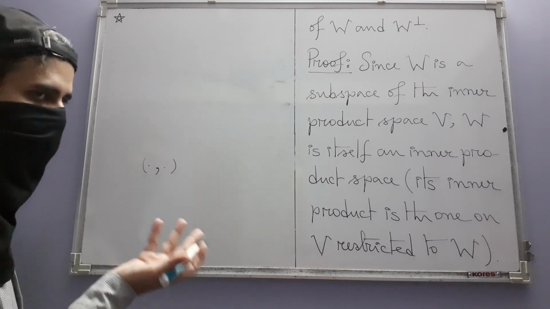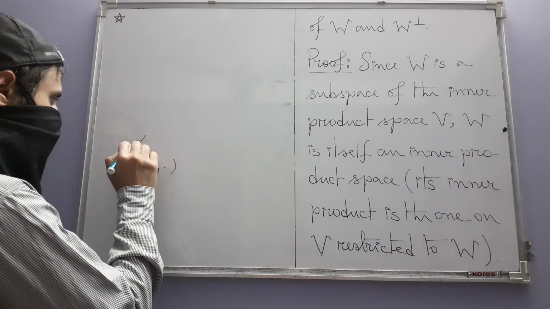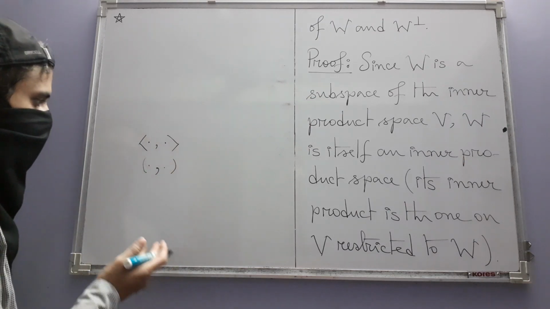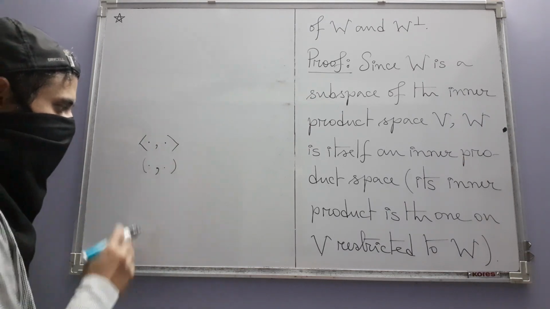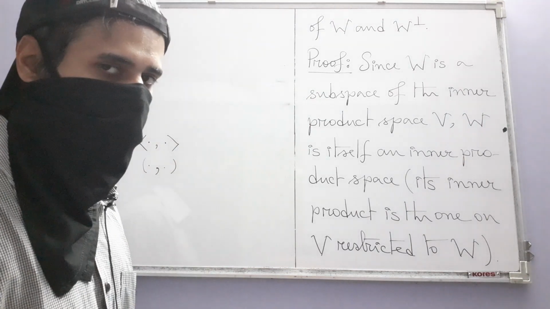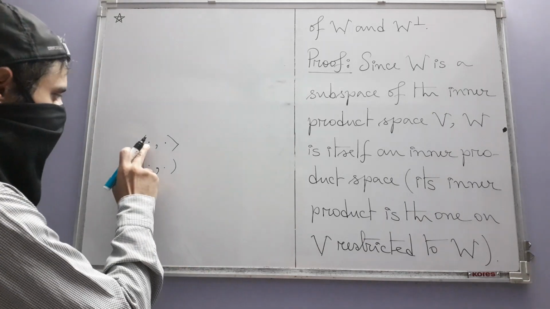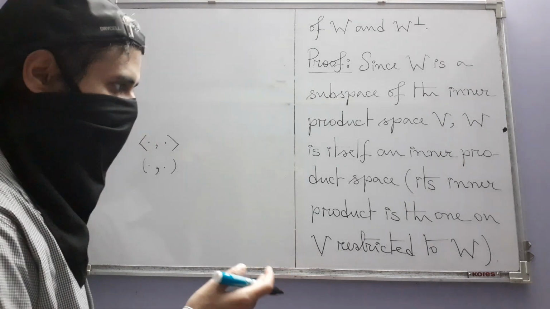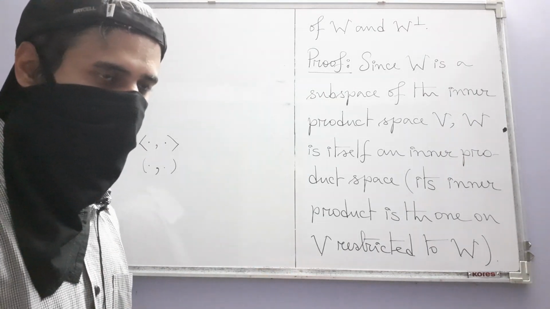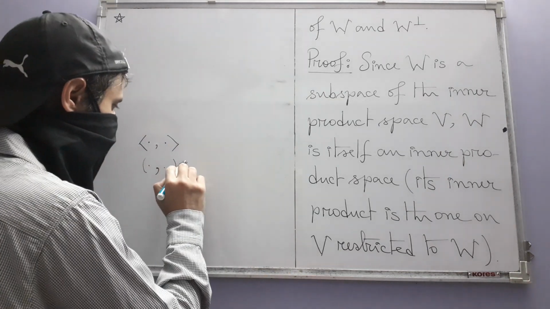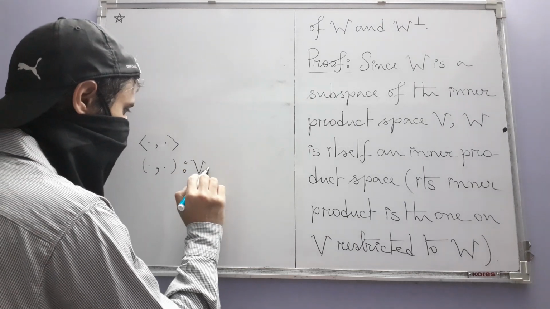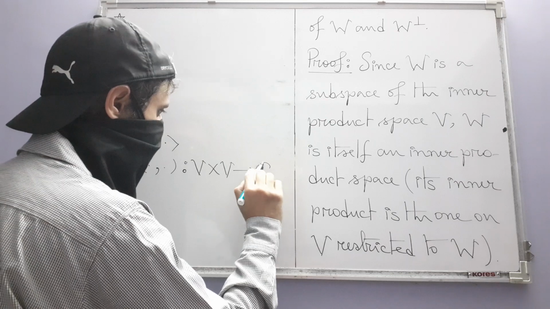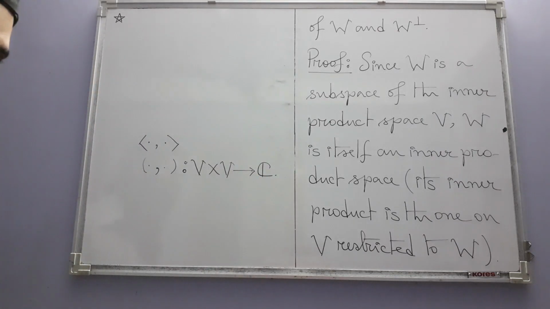We often denote it by this symbol, or if we are using angular brackets, by this, which just indicates the fact that there are two inputs, two vectors that go in these places, and as output we in general get a complex number. So the inner product on V is a function of this type.